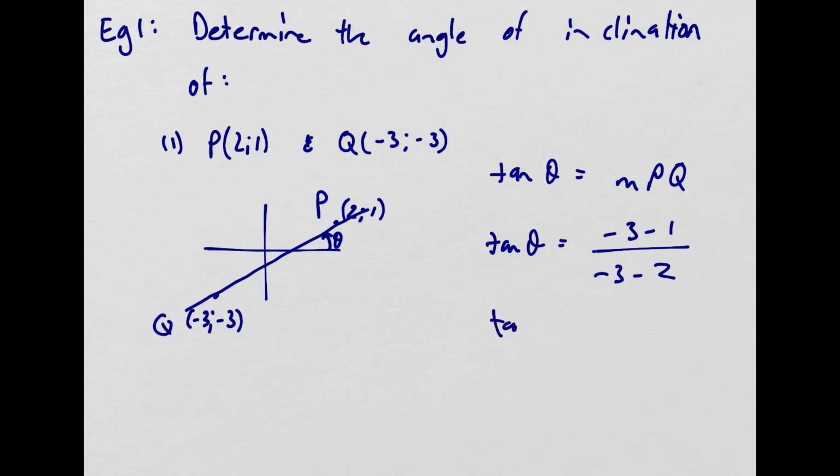So that simplifies to tan of theta is equal to -4 over -5, which is obviously positive 4 over 5. And when we go into shift tan, we get that theta is 38.66 degrees.